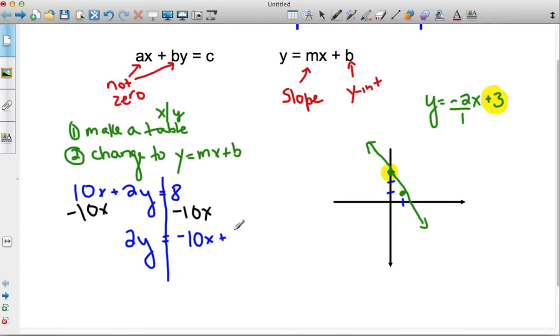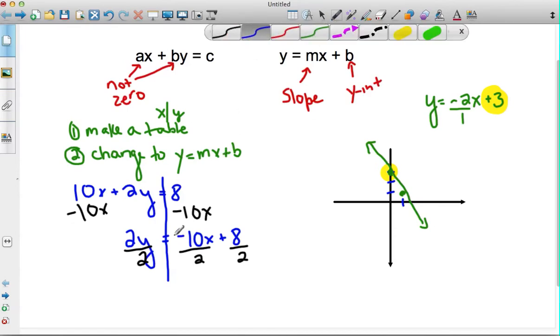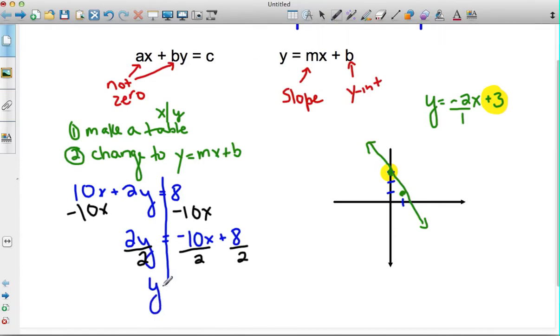It's not necessarily wrong if you don't, it's just not in the right format. And then last step, divide by 2. This is what you were doing over the weekend. And you're left with y equals negative 5x plus 4 as your equation.